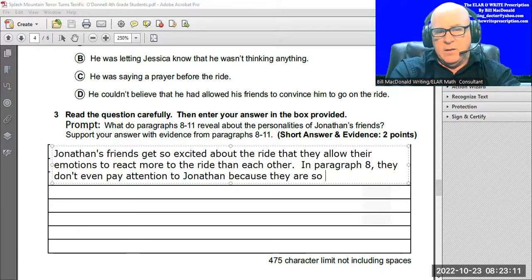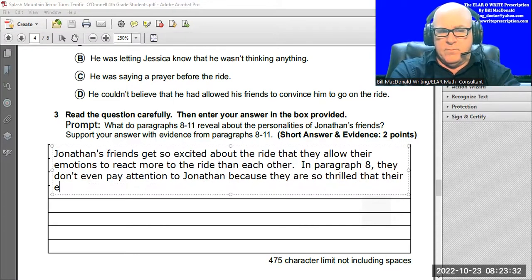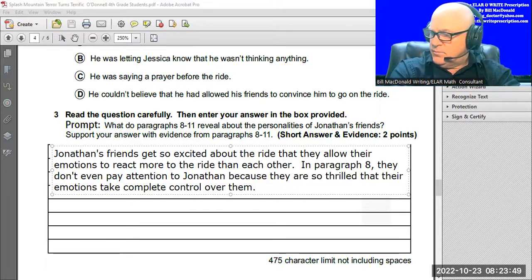I could use ecstatic. They're so thrilled that their emotions take complete control. I could continue.